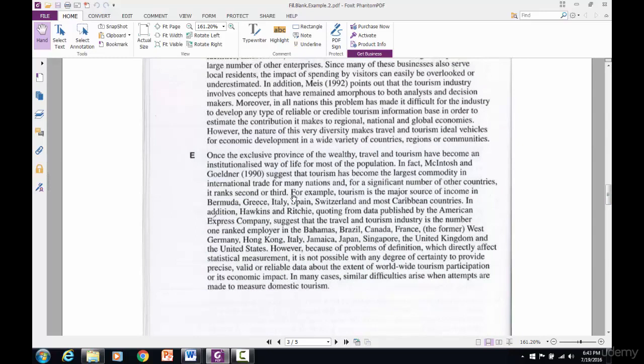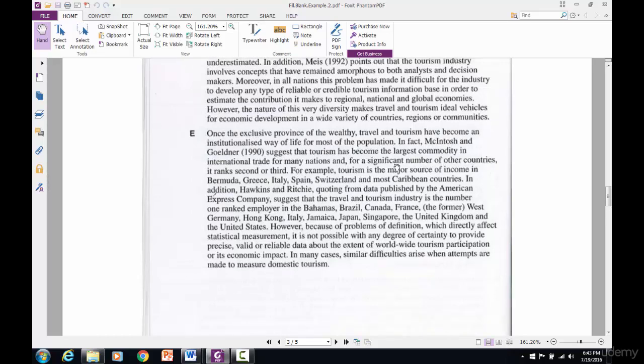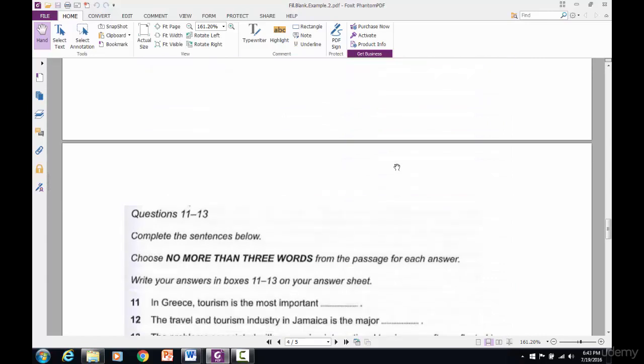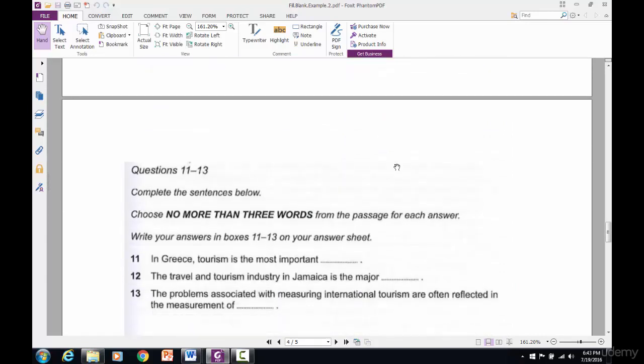All right, so here's our sentence. For example, tourism is the major source of income in Bermuda, Greece, Italy, Spain, Switzerland, and most Caribbean countries. Let's look back at the question really quickly. Tourism is the most important for Greece.